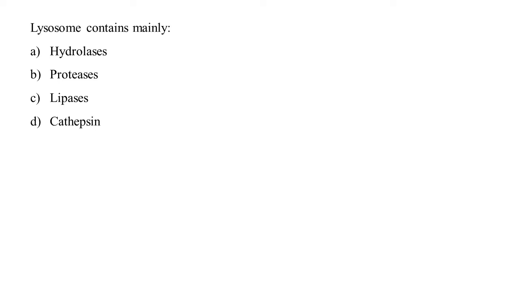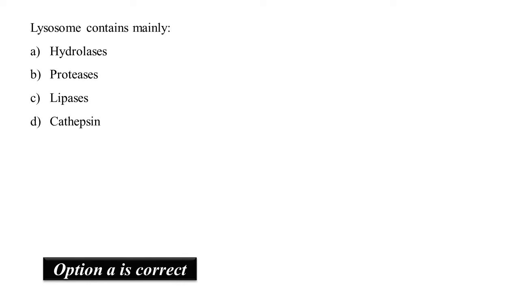So as we know that lysosomes do contain proteases, they do contain lipid degrading enzymes, but the most appropriate answer here would be hydrolases because that encompasses all different types of hydrolytic enzymes. So here the option A would be the correct answer.